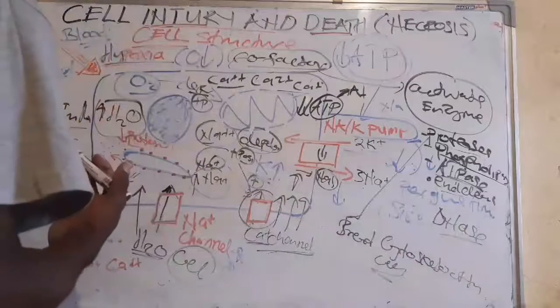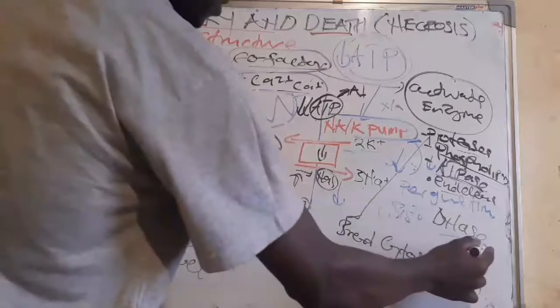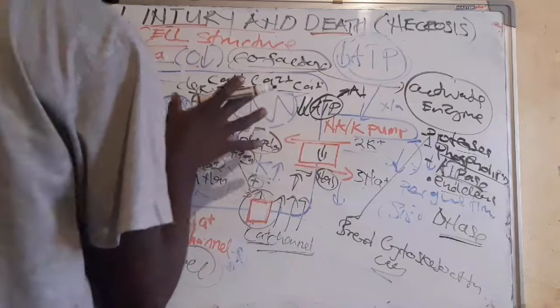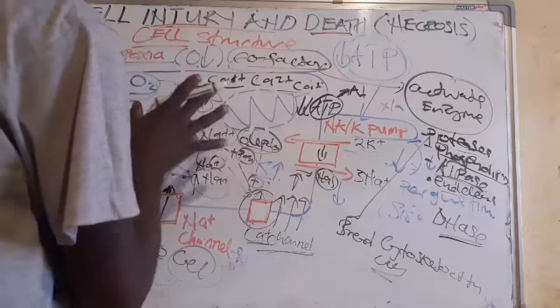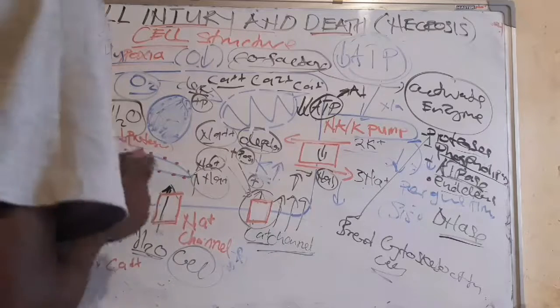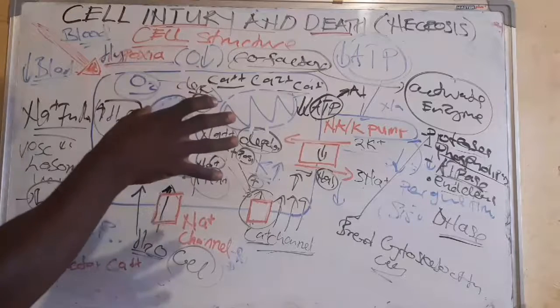In the nucleus, it breaks down the nucleus, and we know the nucleus is very much important to the cell, and also the DNase. So when these enzymes do the damage to this cell, this is leading to cell injury. The cell becomes injured. But now, what determines if the injury is reversible or irreversible?